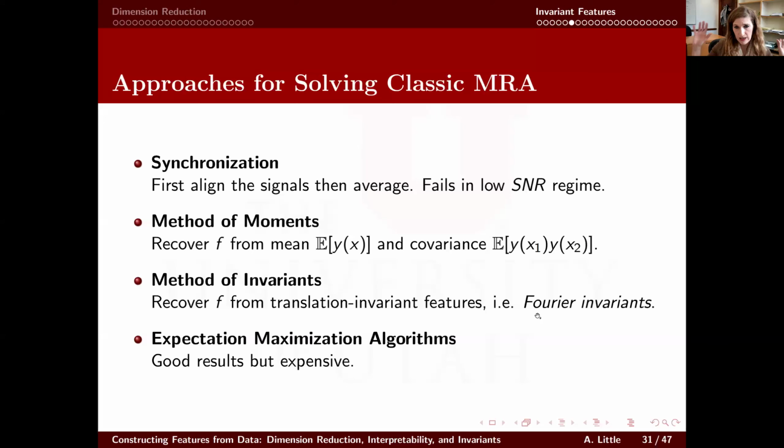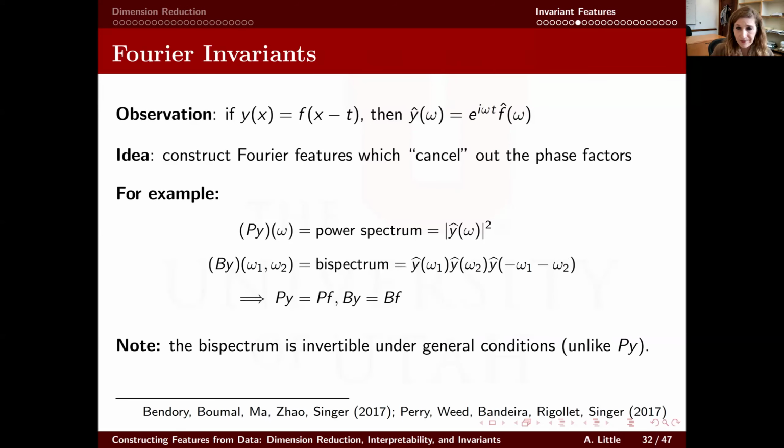The basic idea being that you take all of your signals, you map into the Fourier domain, and then in the Fourier domain, you construct features by careful construction, which are translation invariant. People also do EM algorithms, which tend to work well, but are a little bit expensive to run. But let me focus here on the Fourier invariant approach.